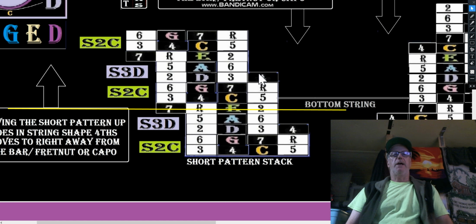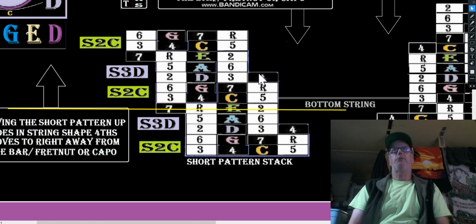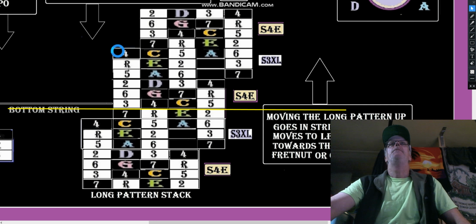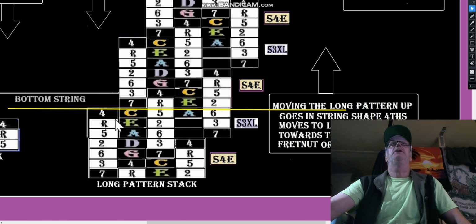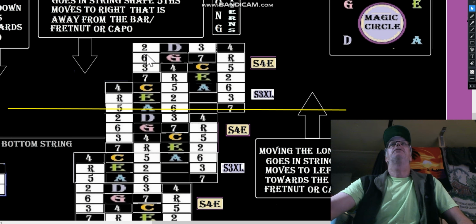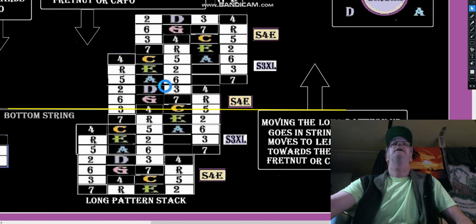Why did I do that? The reason I did that was because when I got to this pattern over here, I couldn't just give it a letter number. In other words, at this part of the journey through this pattern, we're in the short patterns right here.